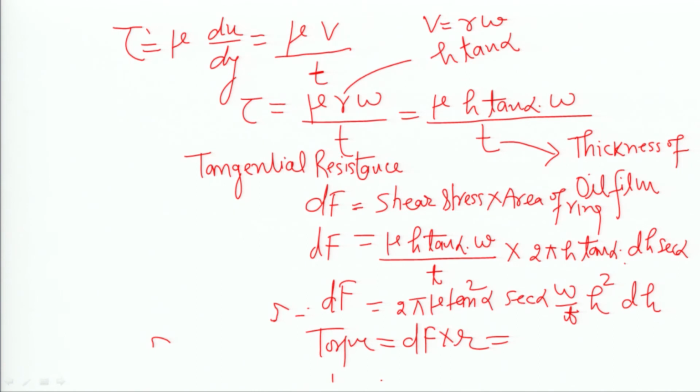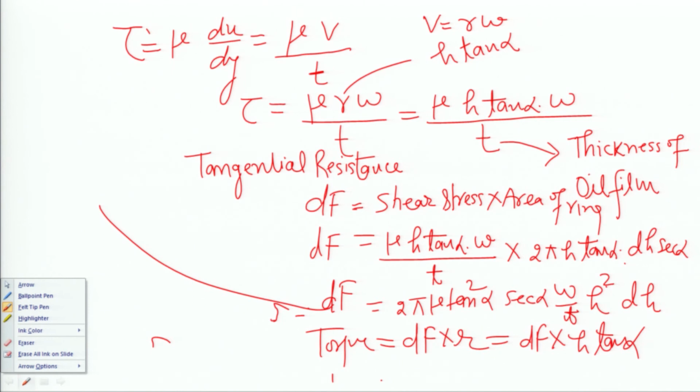It is h tan alpha, so we multiply again by h tan alpha in this equation. So this becomes h cube and tan cube.